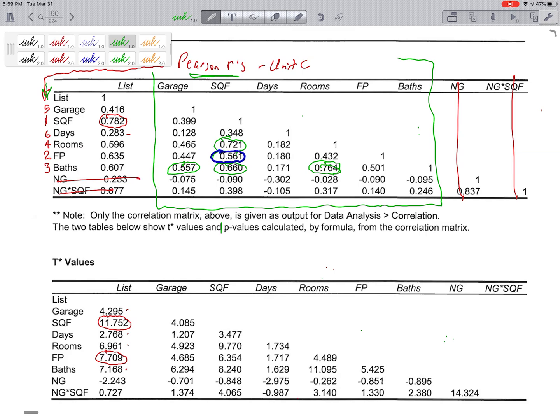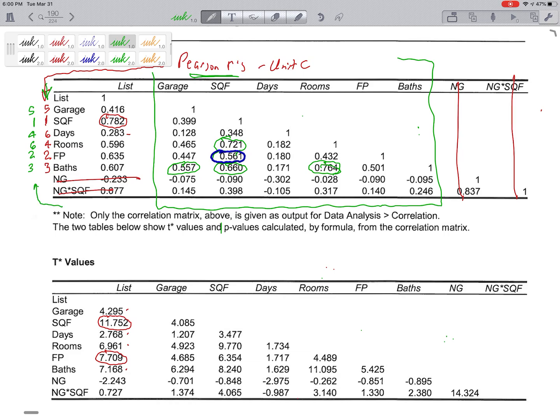Now, according to the stepwise regression, what we end up with is, let me just flip back here. We end up with square footage still being the most important variable. And then we had fireplaces. And then we had baths. And then we had days, garages, and 6 was rooms.